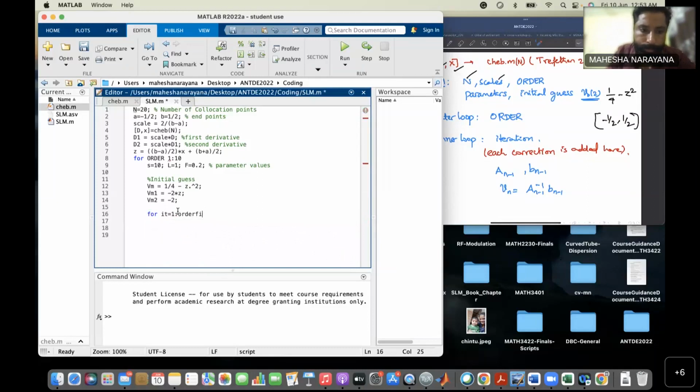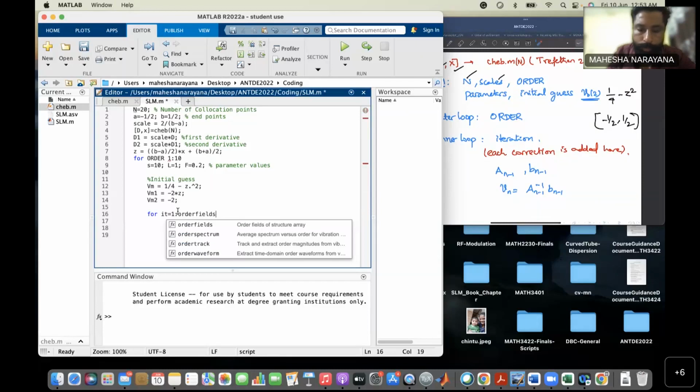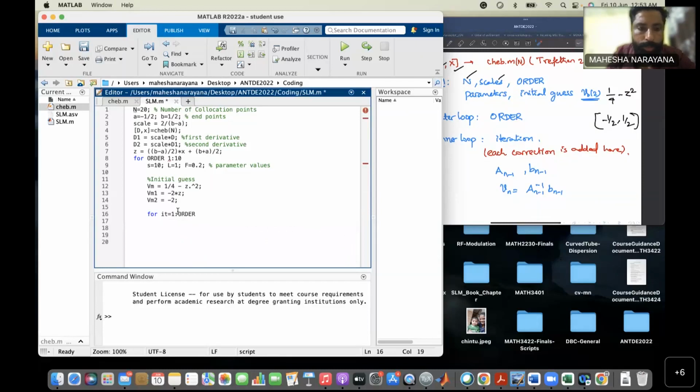And what you do inside this, you just define your matrices and compute A inverse B, that will give you the solutions. So A inverse B in MATLAB, as some of you might be using MATLAB, is the backslash operator which gives you the result. So let us define the matrix.